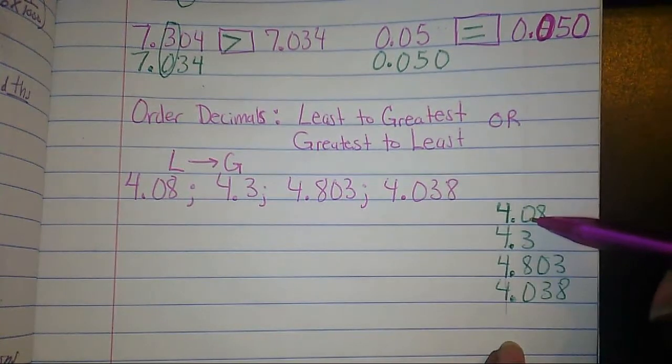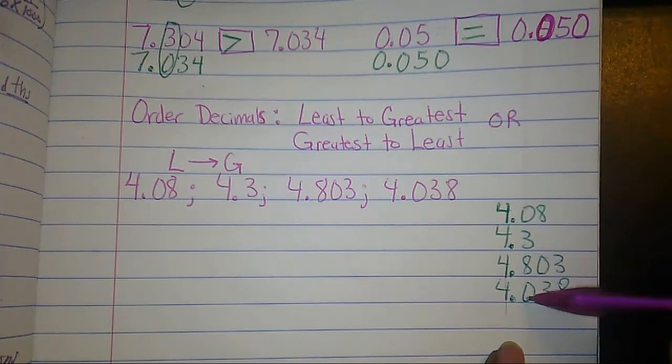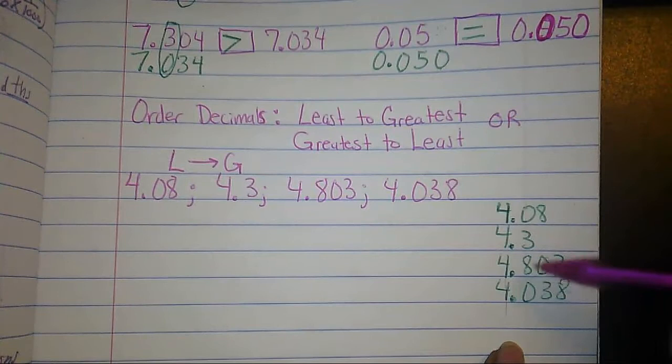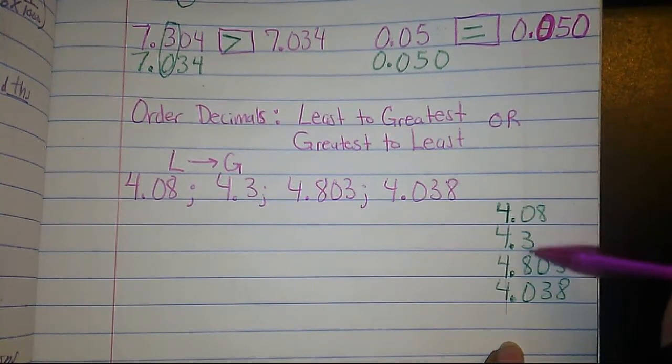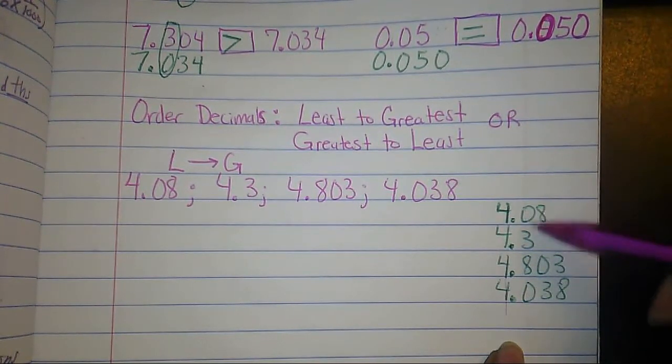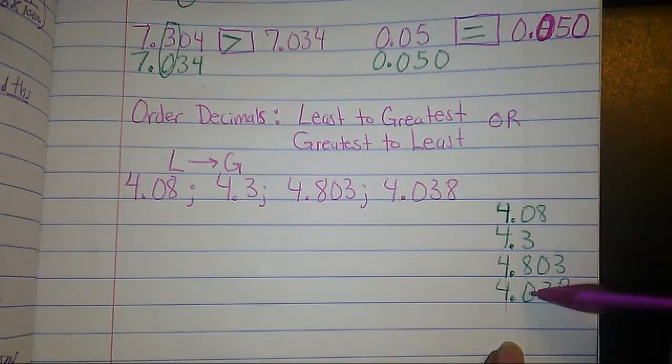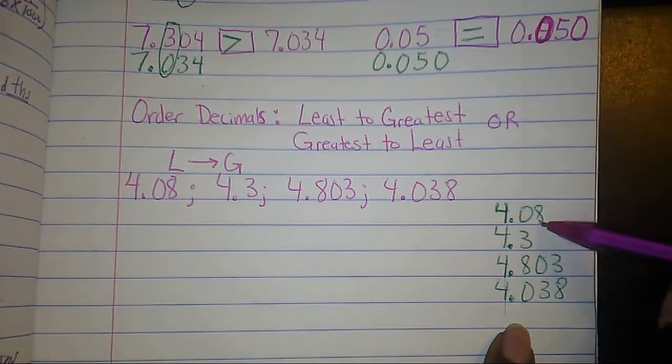Okay, the tenths place, we have a 0, 3, 8, and 0. Well, I am looking for smallest. So the tenths place, the 3 and the 8, I need to leave these two alone in the middle, because now I'm looking at these zeros because they are the same. Because they are the same and they're the smallest, I can't compare those decimals, so I have to keep going over one more to the hundredths place.